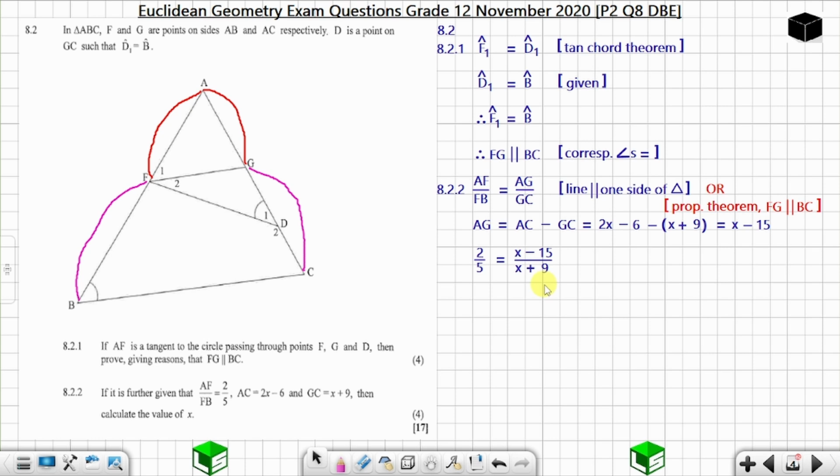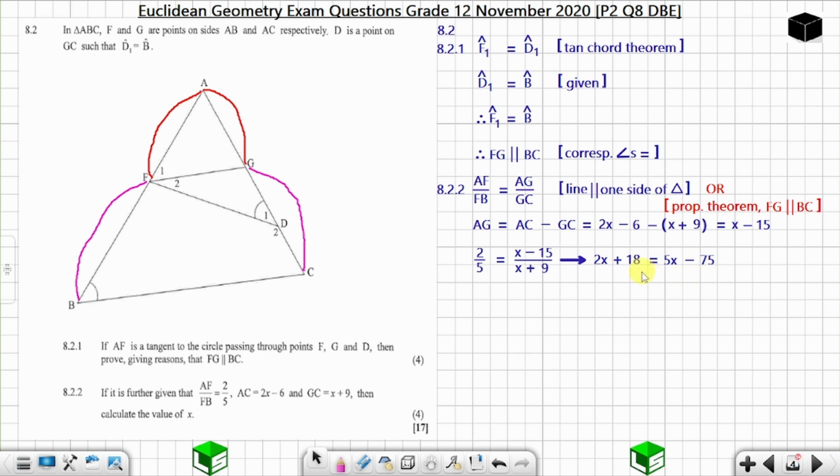So 2 times x is 2x, plus 2 times 9, plus 18, equal to 5 times x, 5x, 5 times negative 15, minus 75.